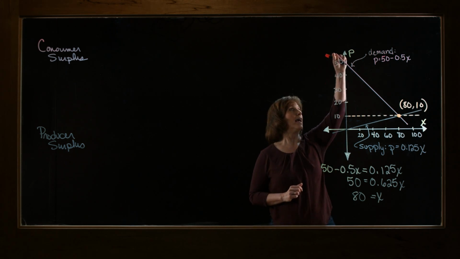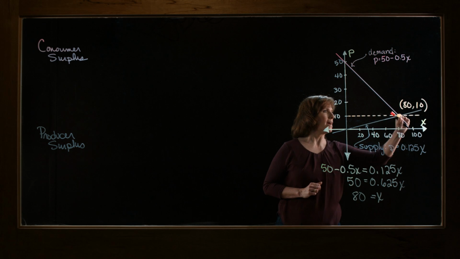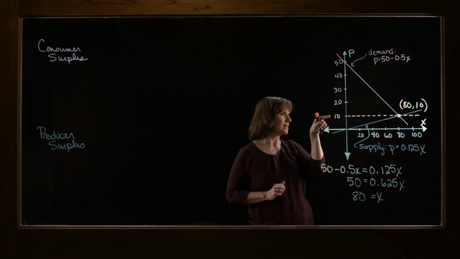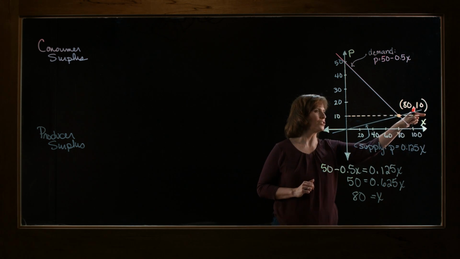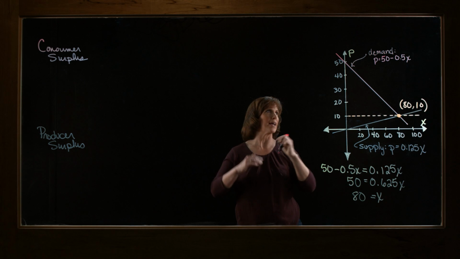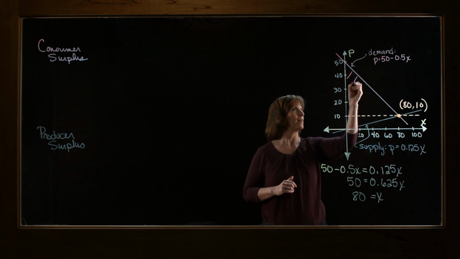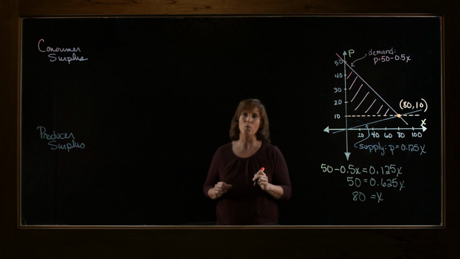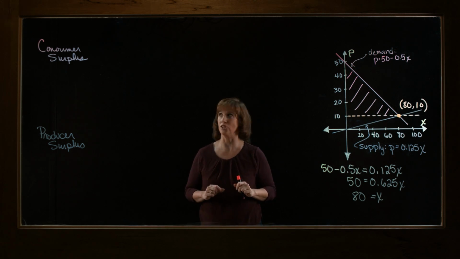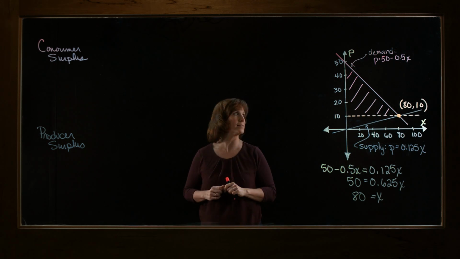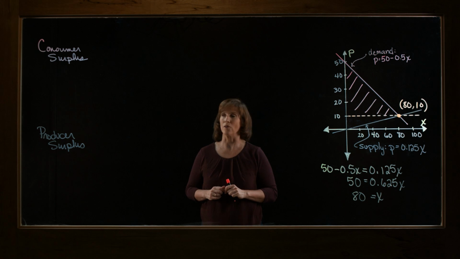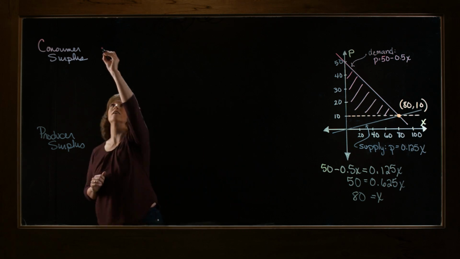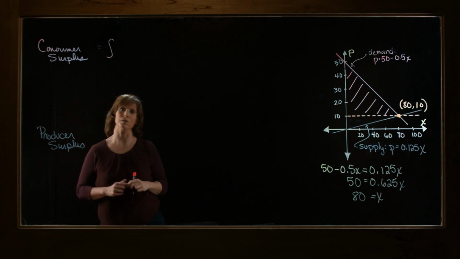Well, if you take your demand curve and then subtract what happens at this orange line, which represents the price, we have a region. And we know that we can calculate the area of that region, which will be the consumer surplus, by using a definite integral. So let's go ahead and take a look at what integral I need to use.